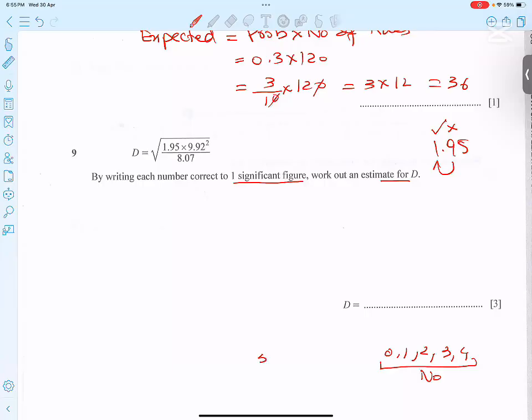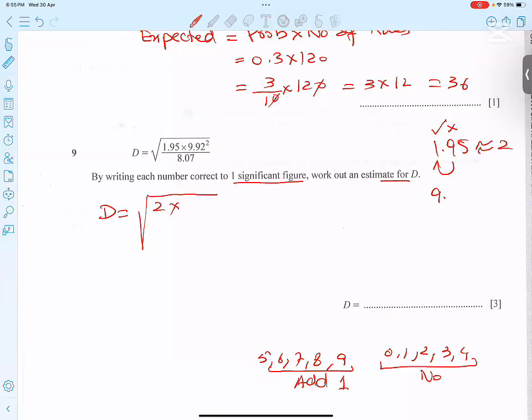But whenever 5, 6, 7, 8, and 9 come, we always add 1. So look at here, these numbers are to 1 significant figure. So it will convert to 2. This number we got in the square root because 1 has a rounding up, so 2.